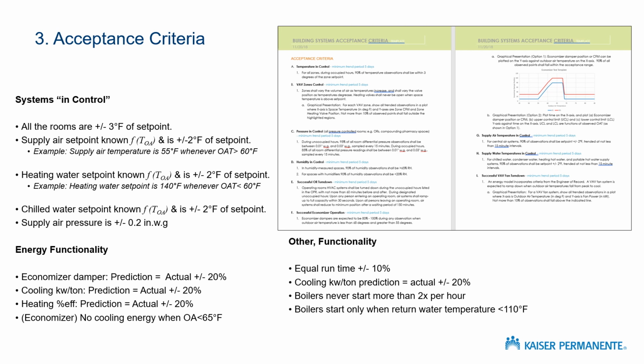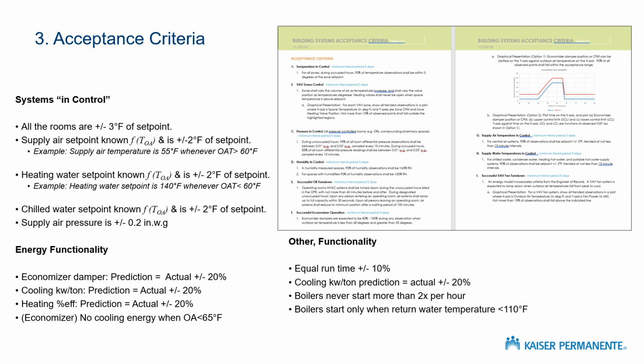And I like to think of these as two buckets. The first bucket of acceptance criteria are the criteria that mean the systems are in control. All the temperatures in the building need to be plus or minus 3 of the set point. That means that the temperatures in the building are in control.